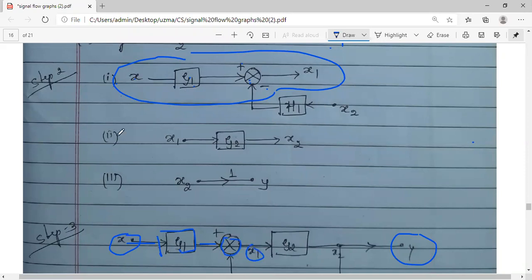Now if you see, the second equation starts from x1. So just continue. यहाँ तक तो हमने draw किया है. From x1 you continue the second equation. You have just this x1 and x1, both you have to join. You have a block G2 and you will get x2, right? Now what is the third equation? From x2 I have to connect.